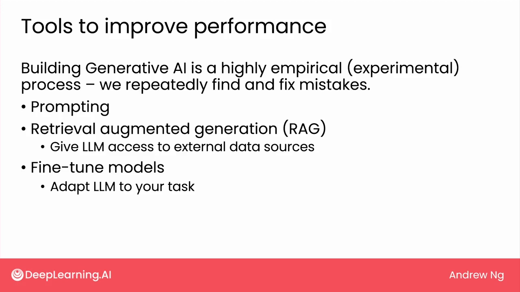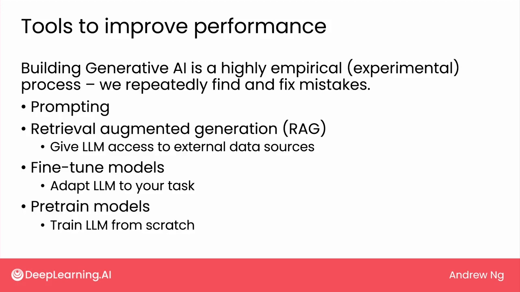And then finally, pre-training models, which refers to training a large language model from scratch. Don't worry if you don't know what any of these terms mean. We'll go through each of them in depth later this week, but they're all key techniques that, in addition to prompting, give you different ways to improve the performance of your generative AI system.